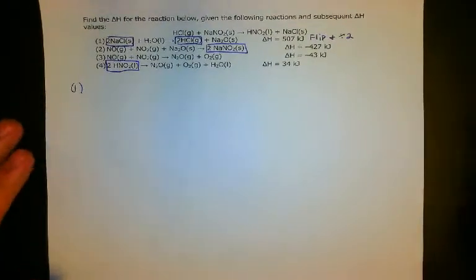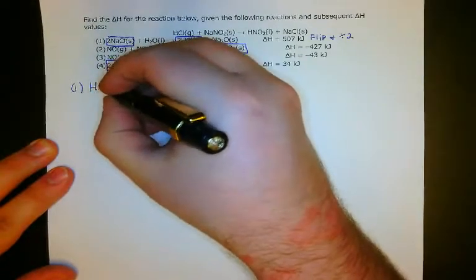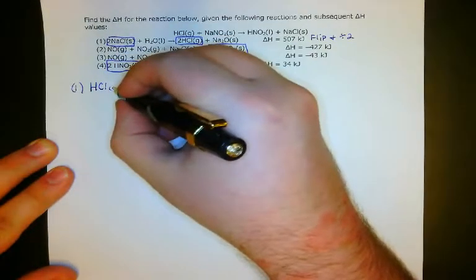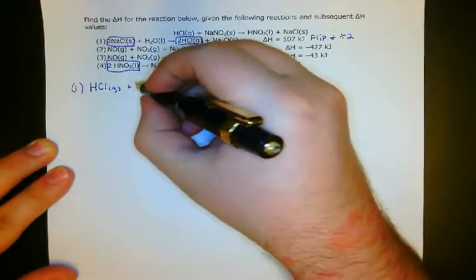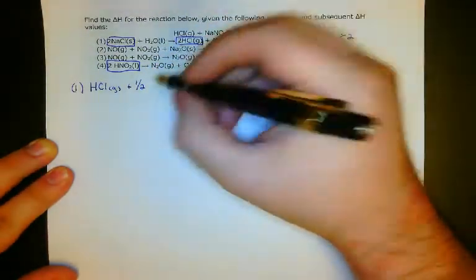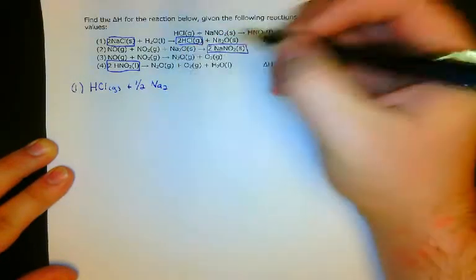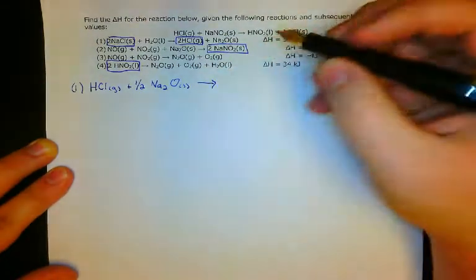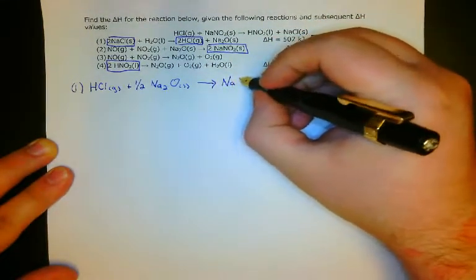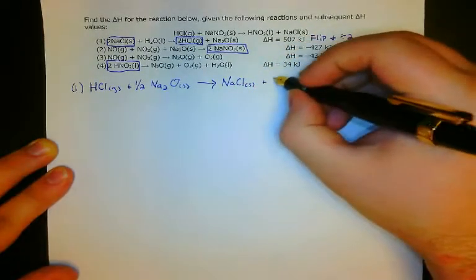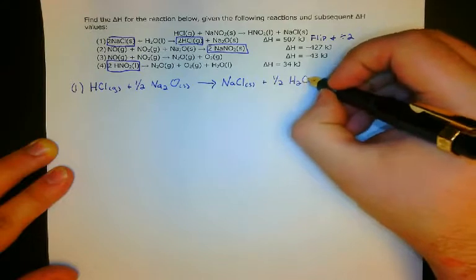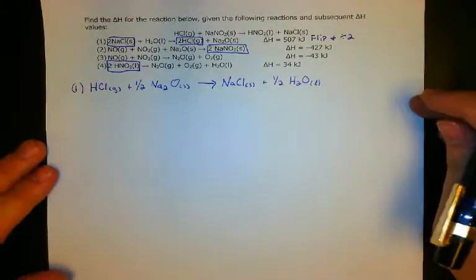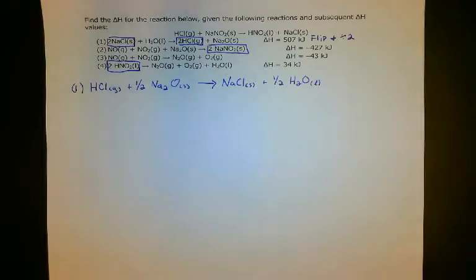So let's do that. If I flip it, I will have HCl first, which will be a gas, and I will have 1/2 Na2O, and that is going to make NaCl and 1/2 H2O. Now, when I flip it, what do I need to do to my change in enthalpy sign?